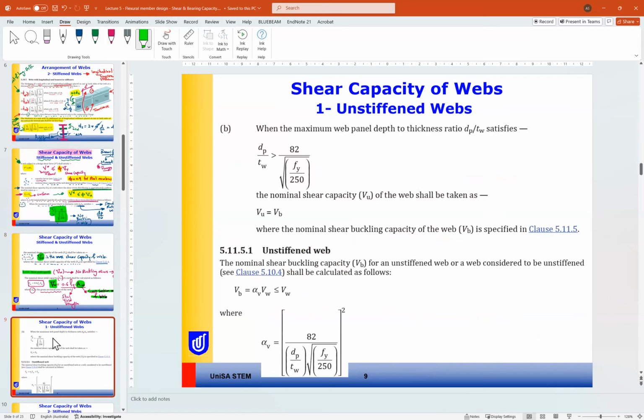The second case, if dB over tw is more than the value of 82 divided by root F yield over root 250.